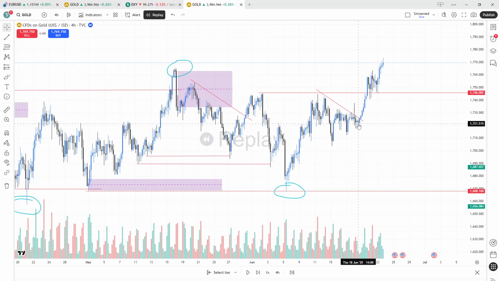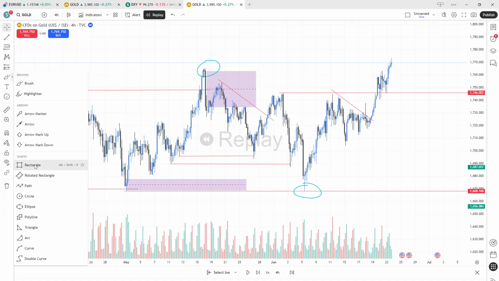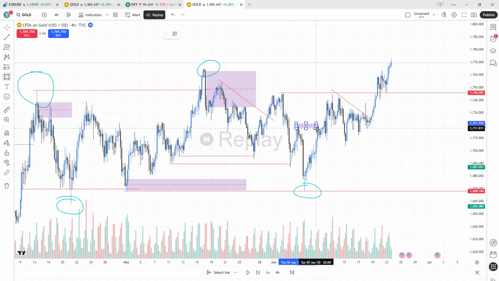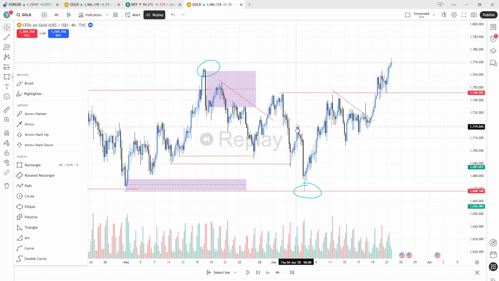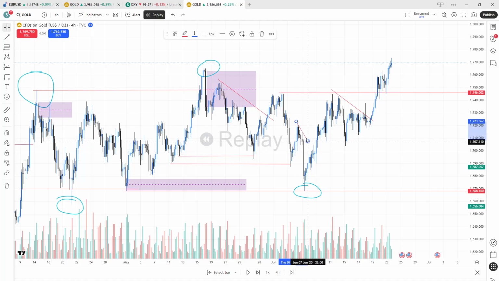So for the leg to continue, right? We do see that there's this break of order flow. So just say okay, this move, which is breaking, let's break out.